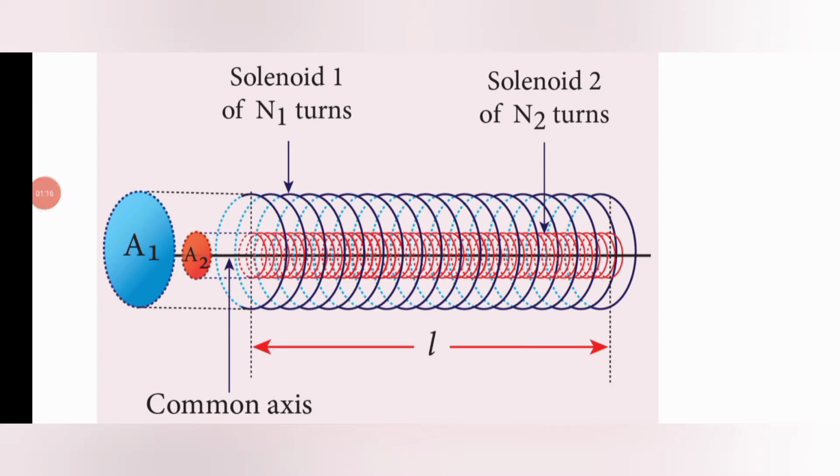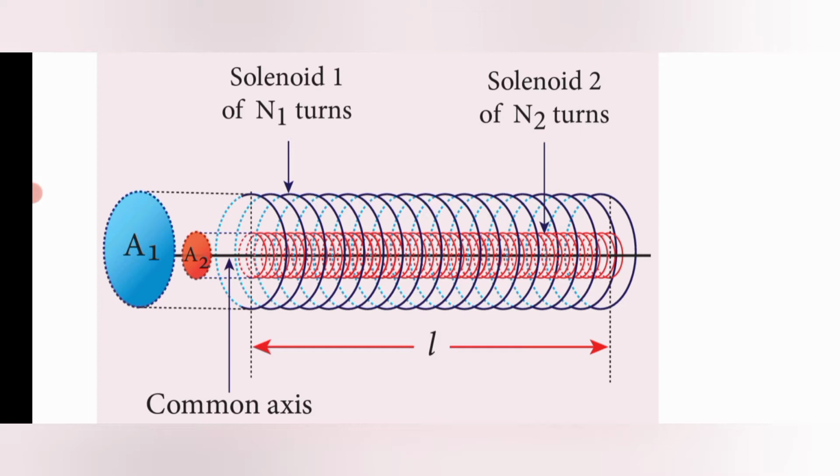The turn densities are considered as small n1 and small n2 for solenoid 1 and 2 respectively. Let small I1 be the current flowing through solenoid 1. Here A1 is the area of solenoid 1 and A2 is the area of solenoid 2.